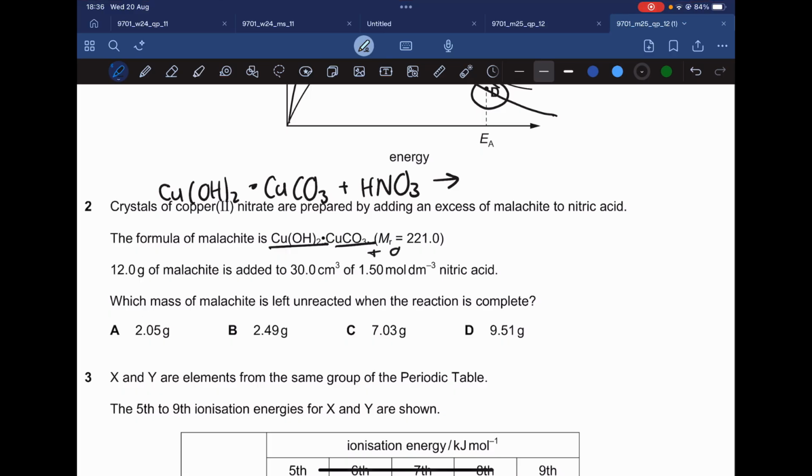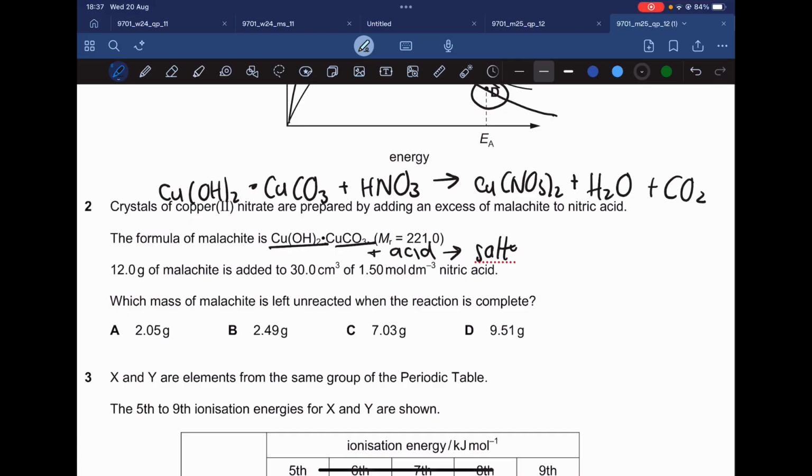And if we add an acid, we will form a salt, and in this case our salt is copper nitrate. And then looking at just the hydroxide part, we are having water, but because of the carbonate part, we're looking at carbon dioxide too.